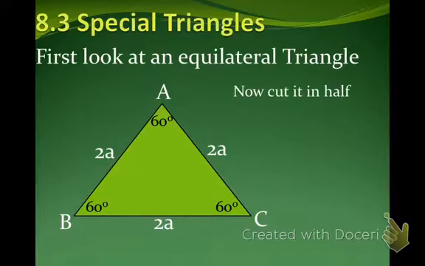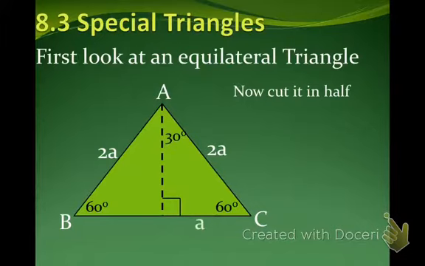What I want to do for our first example is cut this in half. So if I cut my equilateral triangle in half, I have bisected the base or side BC. I've also bisected the angle A, and I've created a right triangle, a perpendicular bisector. So we can now consider that angle 30 degrees.